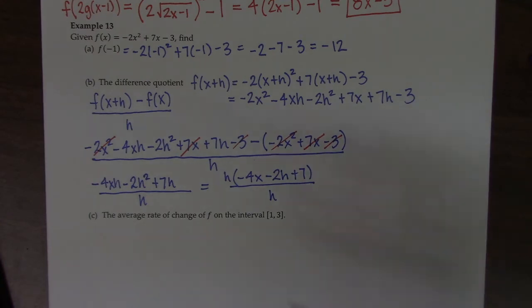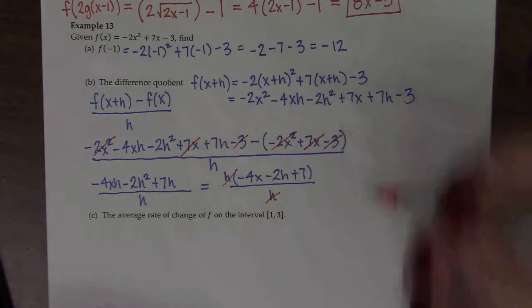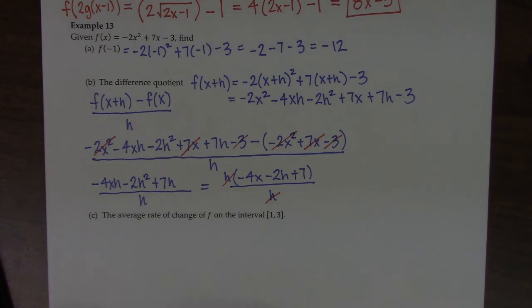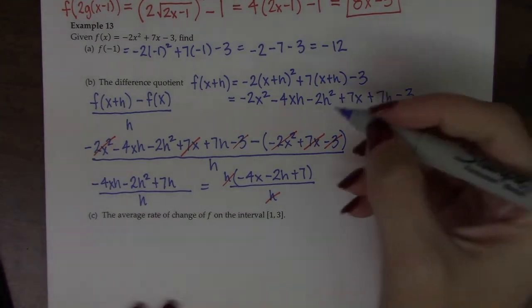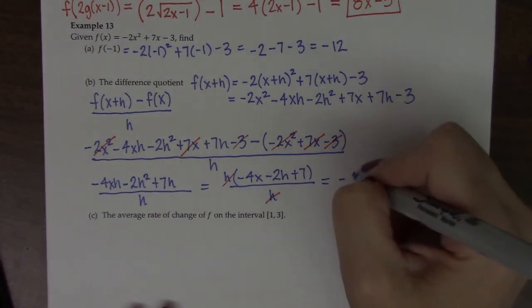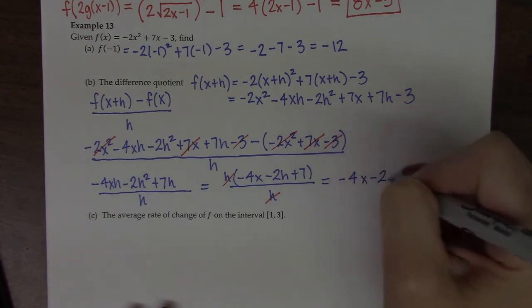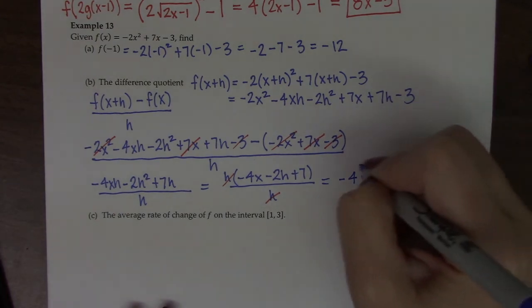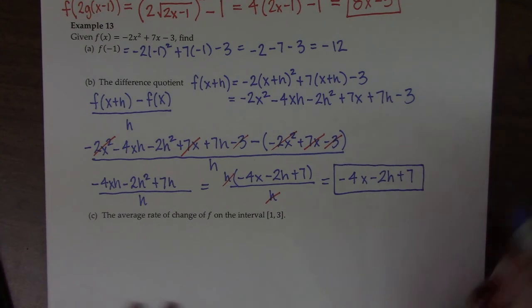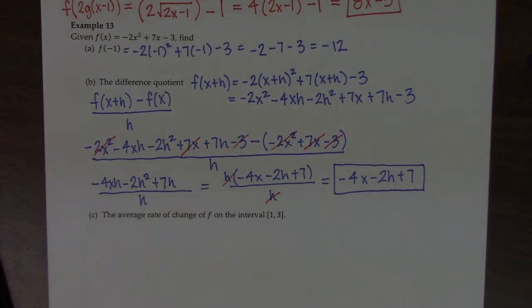And now I can cancel the h in the denominator. The second that guy's gone, this is your final answer. So that is when you are done with the difference quotient problem. You have to make sure that original h is gone, and that if we say simplify completely.